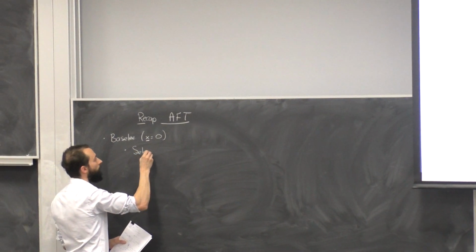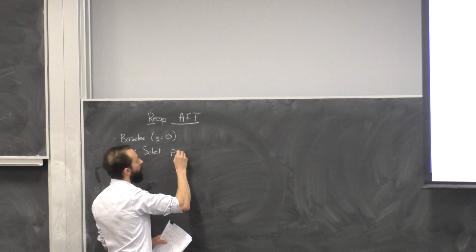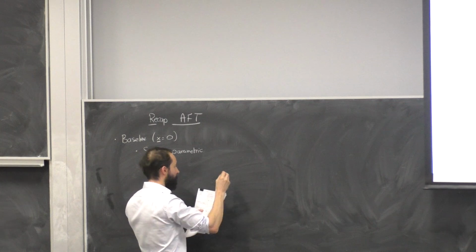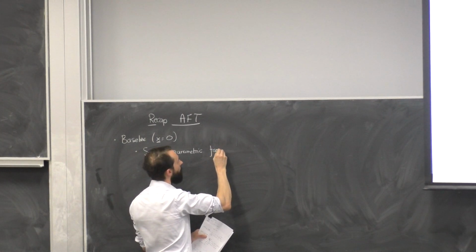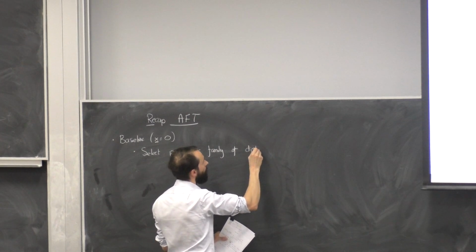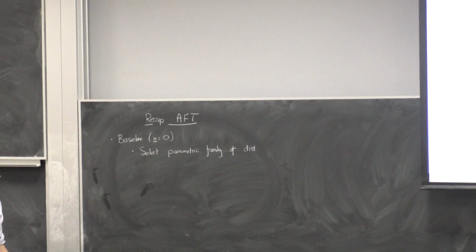And for that, I'm going to choose a parametric family of distributions that's going to specify the failure time for that particular individual.